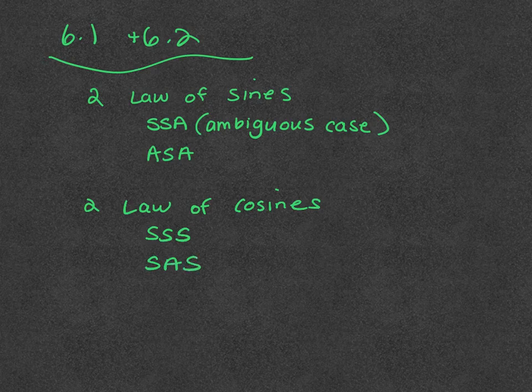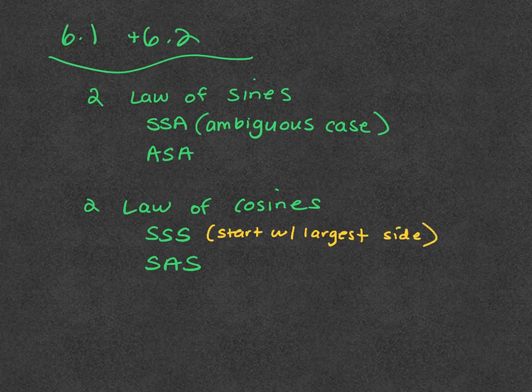And these are your side side side, and your side angle side. Remember, side side side, you're going to start with the largest side. And then you'll get two areas.